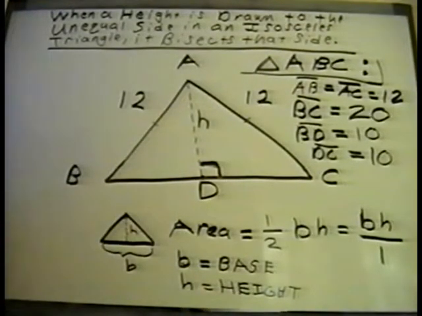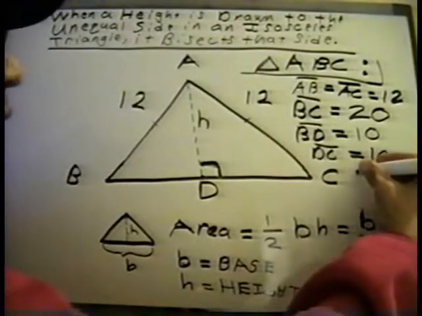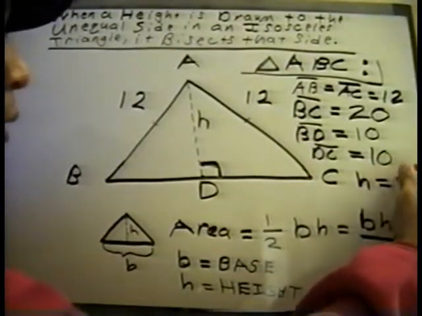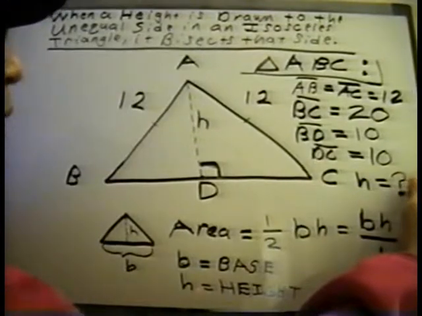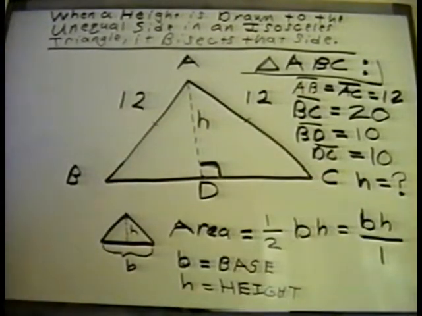Now, if we want to find the value for the height, H, which is our unknown value, we're going to employ the use of the Pythagorean theorem, the triangle theorem attributed to Pythagoras.